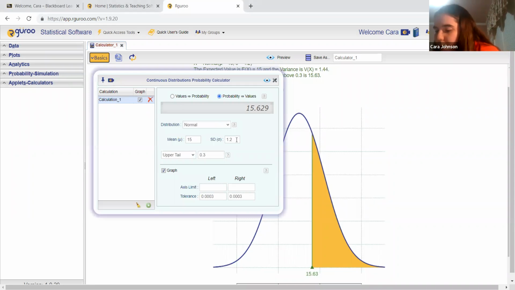We're told that the manufacturing time of a particular product is normally distributed with a mean of 20 minutes and a standard deviation of 1.5 minutes. The first thing, we're finding probability. So this first part, we're given data values and we're looking for probability.